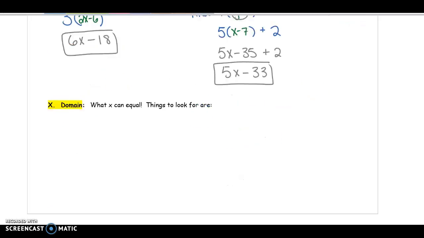Because we are creating a new function, we have to think about what the domain of this new function is. In our f function, we can use whatever numbers we want. In our g function, we can use whatever numbers we want. But when we combine those two functions to create a new function, we have to think about whether there are any restrictions. First, check your denominators.